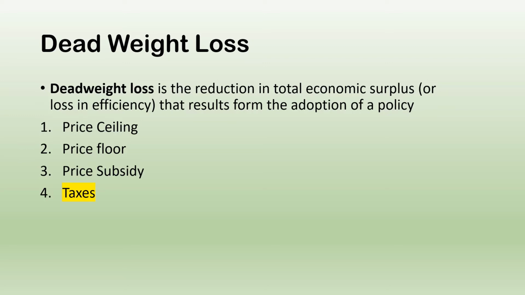Now we have already discussed the other types of policies, price control and subsidy. Now I'm going to show you how taxes cause a deadweight loss by considering the same example of the potato market.